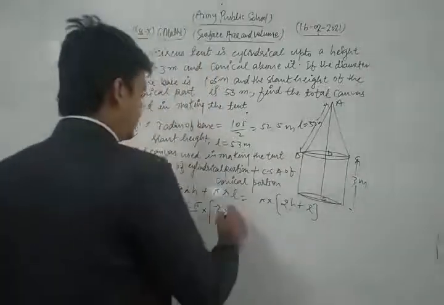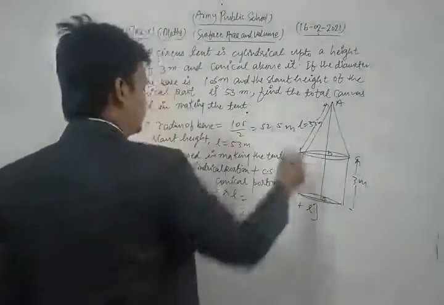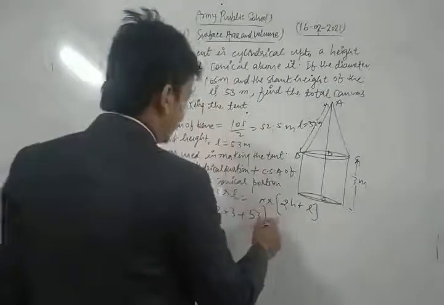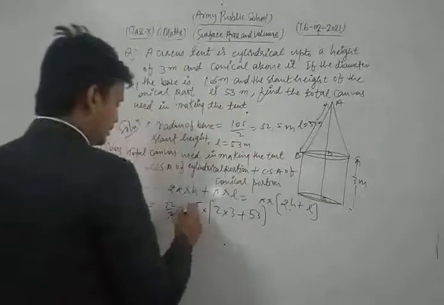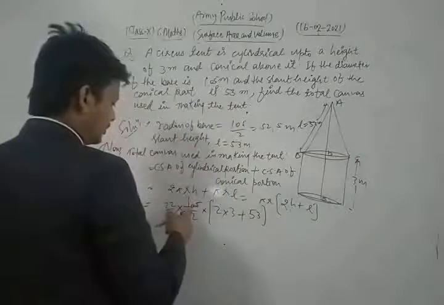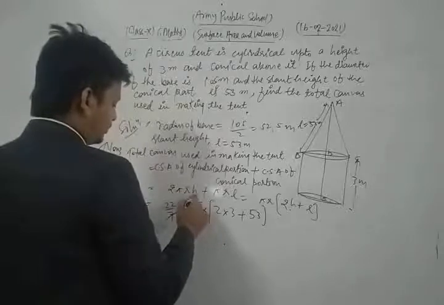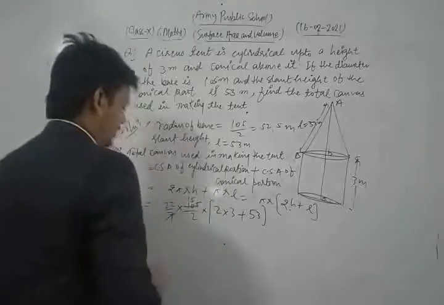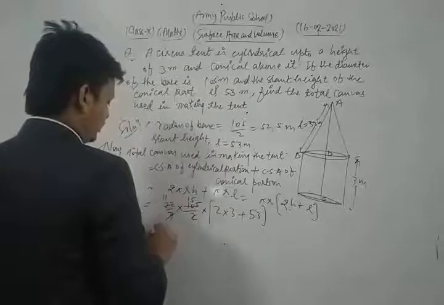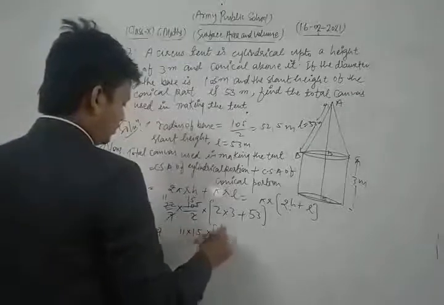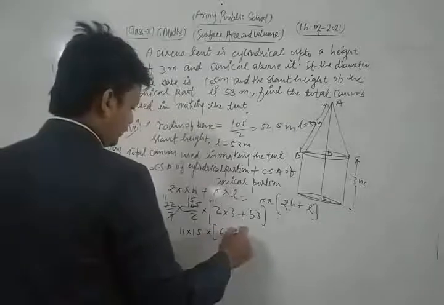So here we put 3. The slant height of the conical portion is 53. Now we simplify that. 7 3s are 21, 7 5s are 35. Now this is 11 into 50 into (3 2s are 6 plus 53).